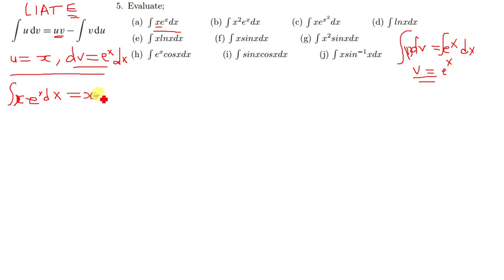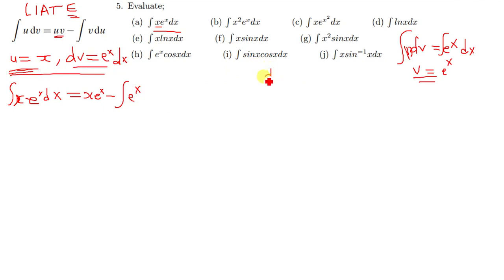So where there is v, I'm going to put e to the power x, and then minus the integral of v du. Which one is v now? V is e to the power x. And which one is du? You get du by differentiating this expression with respect to x.